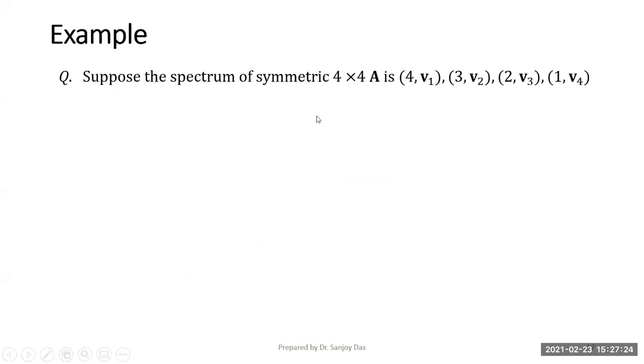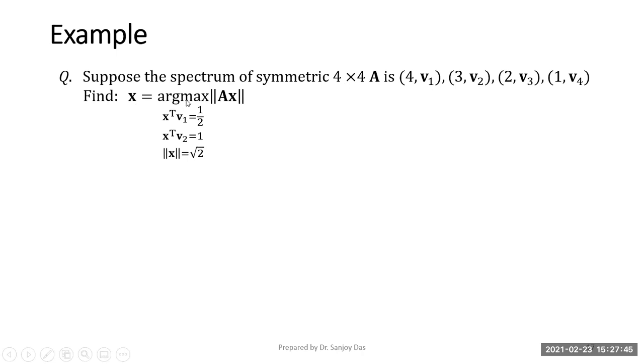Suppose the spectrum of a 4 by 4 symmetric matrix is this. I just selected 4, 3, 2, 1 for simplicity. So I have a 4 by 4 matrix A, and its eigenpairs are (4, v1), (3, v2), (2, v3), and (1, v4).